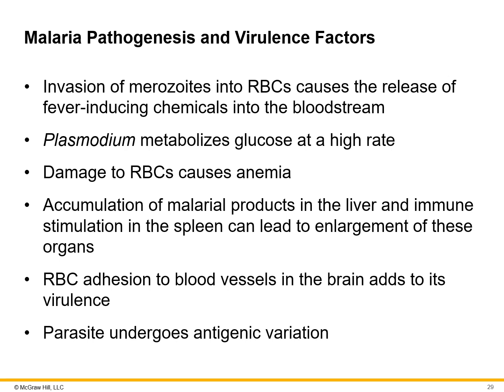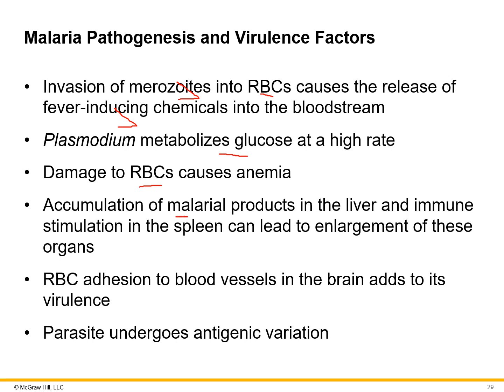All right, some of the pathogenesis and virulence factors. So the life cycle, the merozoites, they are able to invade the red blood cells that cause a release of those fever-inducing chemicals in the bloodstream that leads to that. It actually metabolizes glucose at a high rate to get energy and damages our red blood cells, which causes low iron or anemia.